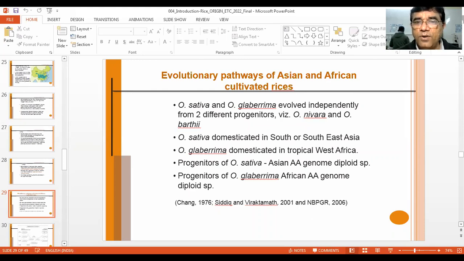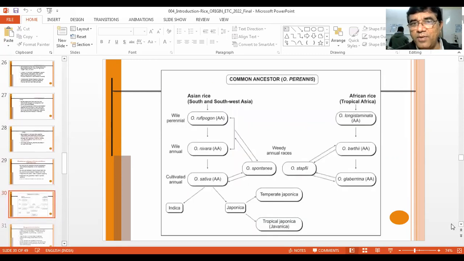Progenitors of Oryza sativa are Asian AA genome diploid species, and progenitors of glaberrima are African AA genome diploid species. You may be aware of this. The common ancestor is Oryza perennis, and then you got two different rices that originated from Oryza perennis.